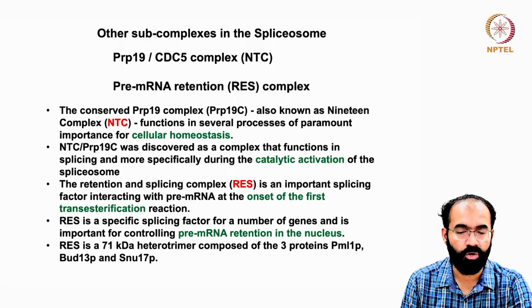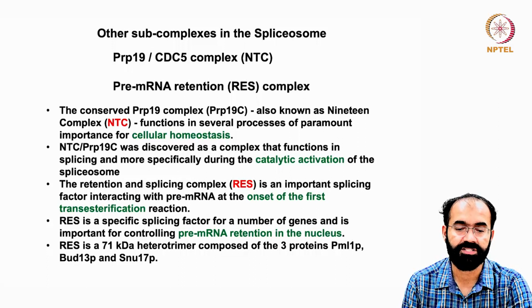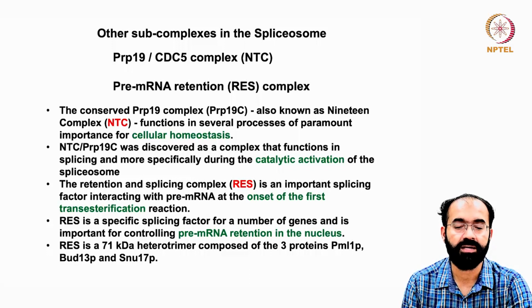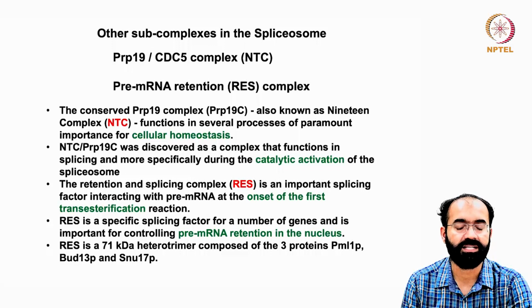There are other subcomplexes also in the spliceosome, and they are called PRP19 and CDC5 complex, which is also known as NTC complex, and then pre-mRNA retention complex, it is called RES complex. So the conserved PRP19 complex, it's also known as PRP19C, is also known as 19 complex.